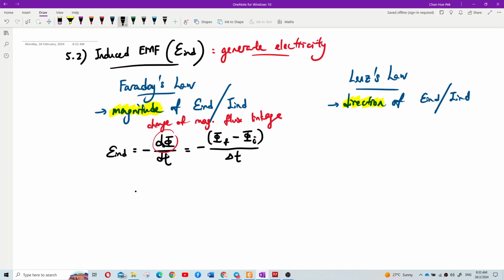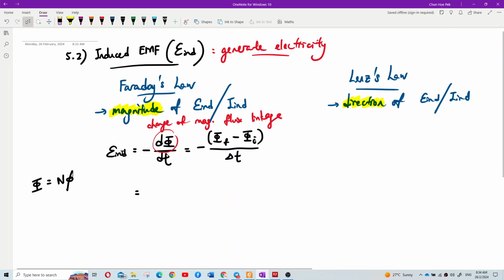And we know that magnetic flux linkage is actually NΦ, isn't it? Because capital Φ is for multiple turns, small letter φ is for one turn only, one area only.